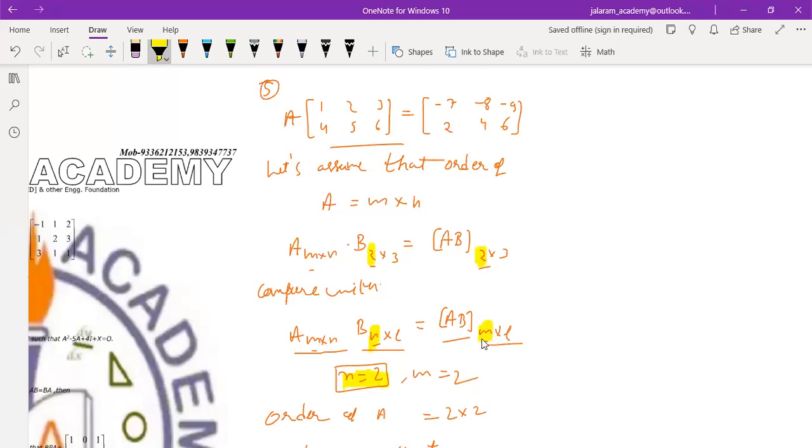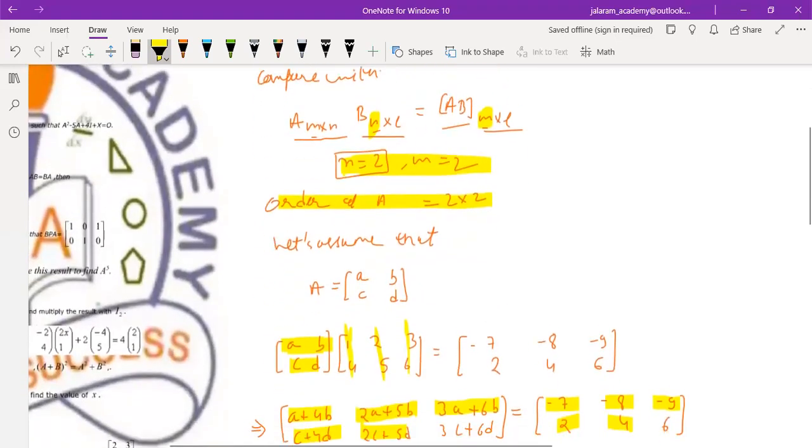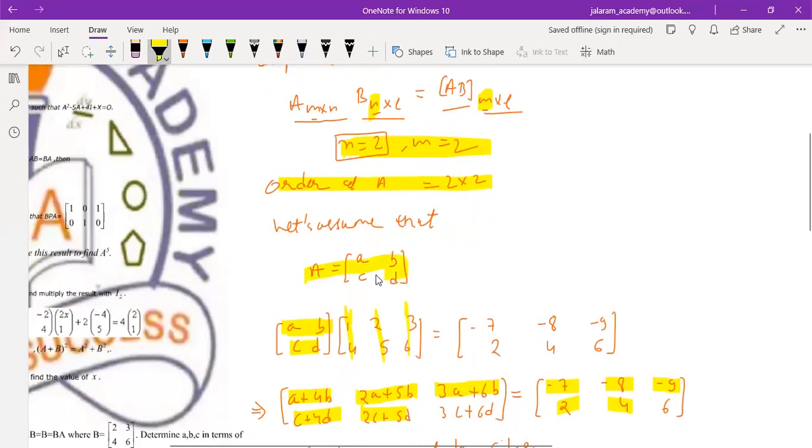And m is also 2, meaning the required matrix must have order 2 cross 2. So we have assumed that it is a matrix A of order 2 cross 2, whose 4 elements are a, b, c, d in order.